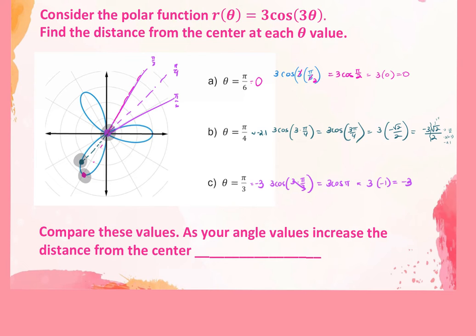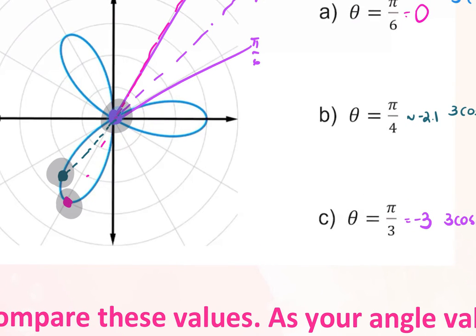Is it increasing or decreasing? It's increasing because those points are moving further away from the center. That first point is literally at the center. Then the second point is 2.1 away from the center. And the third point is 3 away from the center.